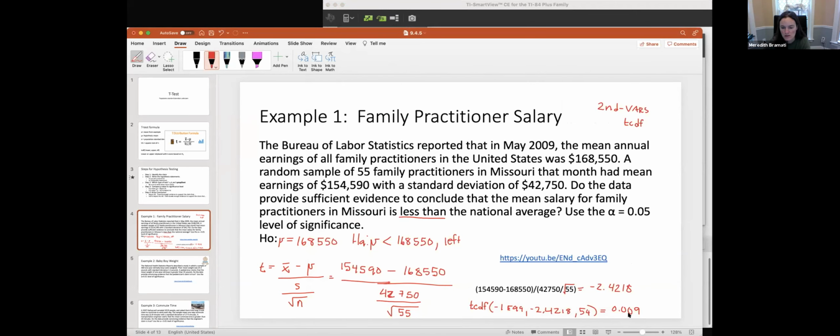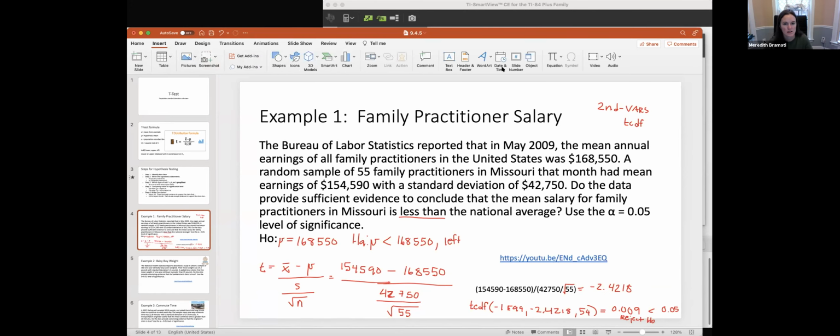So we have 0.009 for our p-value. What are we going to compare that to? The significance level. Yeah, the significance level. And we are less than it, right? So we reject H0. There is sufficient evidence to state less than the national average. I'm going to write it up top so we have it, okay?